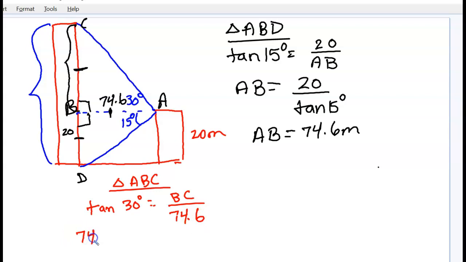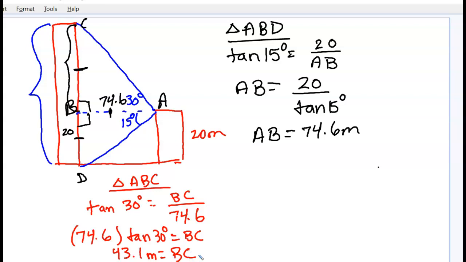And now multiplying both sides by 74.6, I'm going to have 74.6 times the tan of 30. And that works out to be 43.1 meters. That is BC.